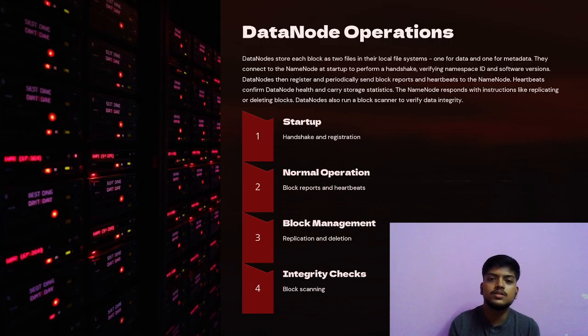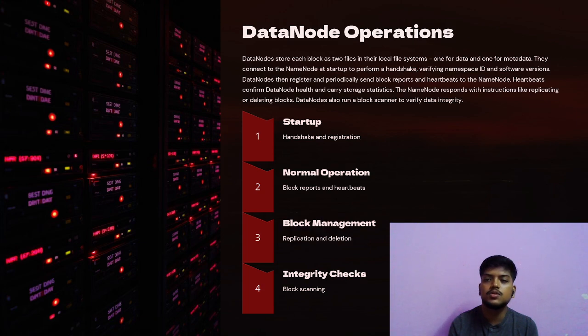DataNode operations. A DataNode stores each block as two files in its local file system, one for data and one for metadata. They connect to the NameNode at startup to perform a handshake, verifying namespace ID and software versions. The DataNode then registers and periodically sends block reports and heartbeats to the NameNode. Heartbeats confirm DataNode health and carry storage statistics.